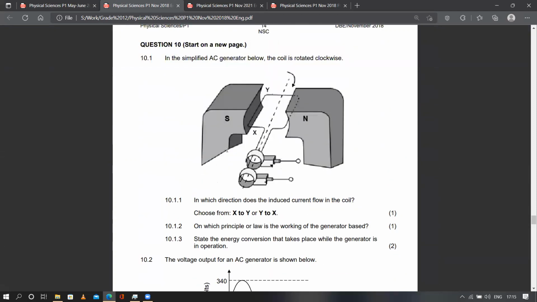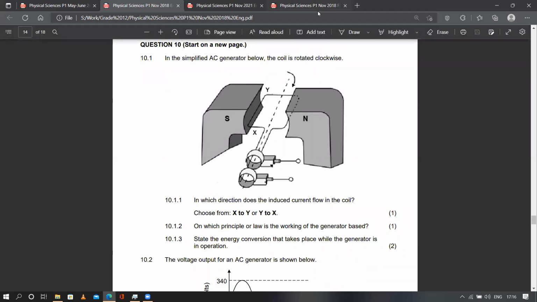Basically here, for the first question, 10.1.1, they want you to use the right hand rule. For 10.1.2, they say state which principle or law that generators are based on. If I remember well, it's Faraday's law.